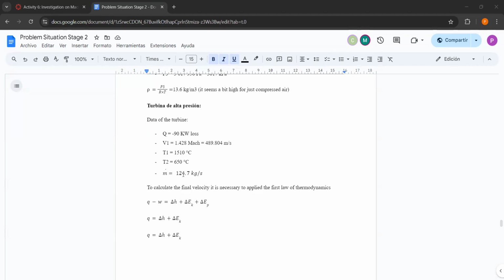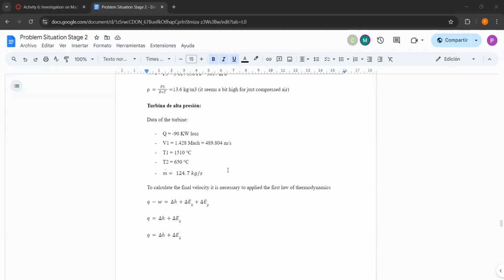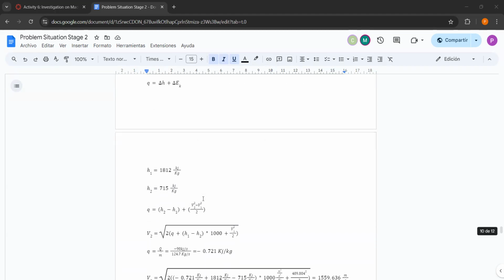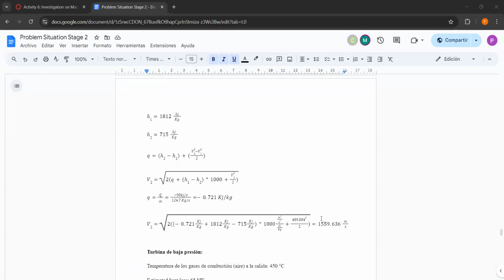And our mass flow is about 124.7 kilograms per second, so it is the same. What we want to calculate in this turbine is the final velocity. So we apply the same equation of the first law of thermodynamics, and here we have it. We can see here all the process to calculate V2, and it gave us 1,559.636 meters per second.